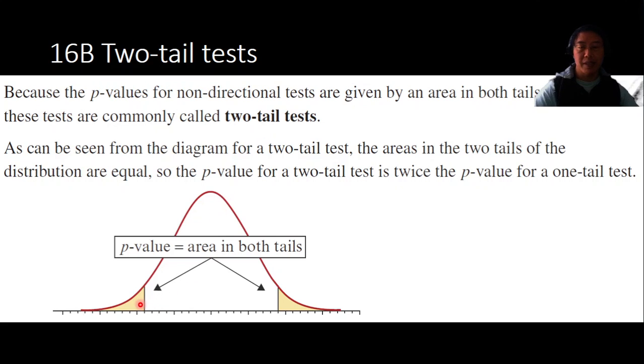Now what we can see is it's a normal distribution. You can see the p-value for a two-tail test is double, or twice, the p-value for the one-tail test. It's just in terms of calculation, or on the CAS you can specify that. So if you calculate the p-value for a one-tail test, you double it and you get it for the two-tail test.